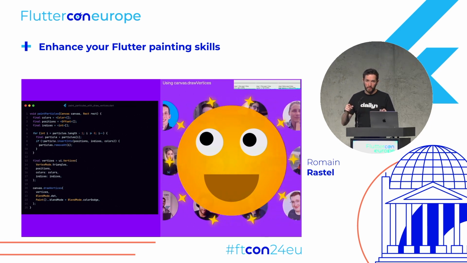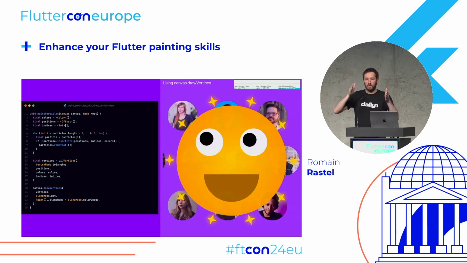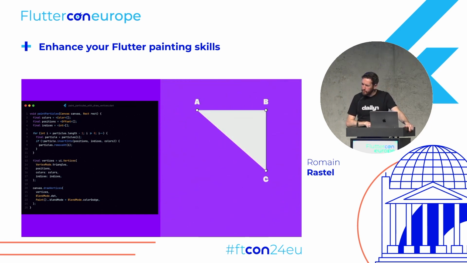If I want to draw this triangle, I just need to provide A, B, C. But if I want to draw a rectangle like this one, I have to provide 6 positions, A, B, C, and then D, E, F, because it only knows how to create a triangle 3 by 3.